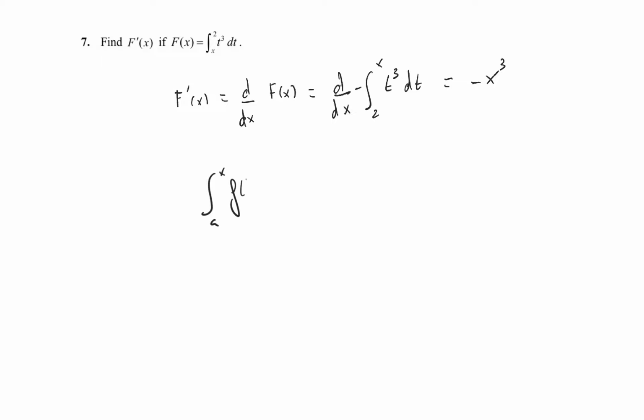So I have to write it in this form: this is equal to minus the integral from 2 to x of t cubed dt.